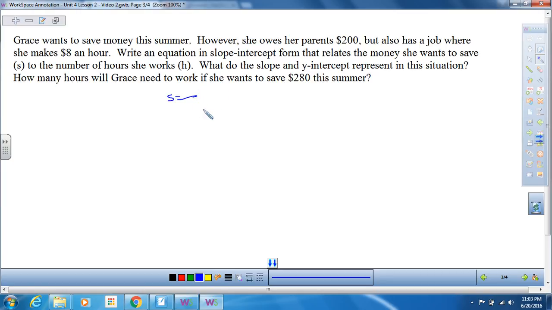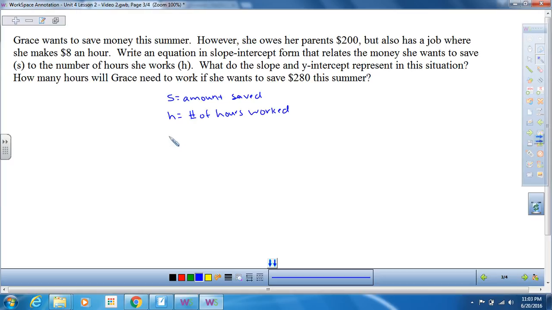So this is the amount saved, and this is the number of hours worked. So it identifies your variables in your problem, so you don't necessarily have to rewrite it again, but I think it's helpful.